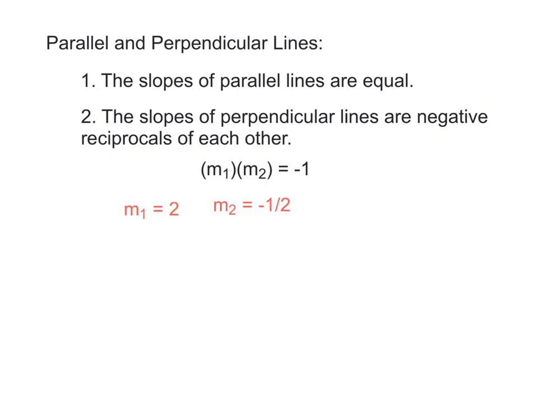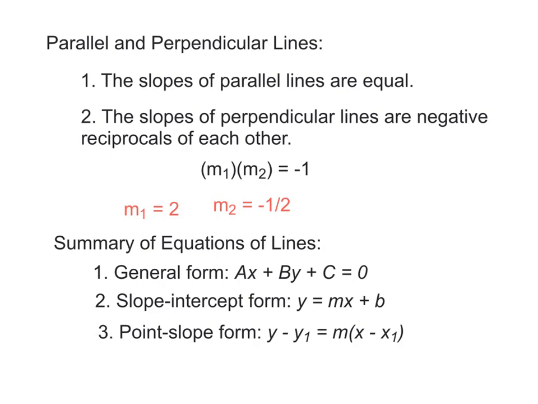Or to use numerical values, if the slope m1 were 2, in order for the lines to be perpendicular, the slope m2 would have to be minus 1/2, hence the negative reciprocal. So you take the reciprocal of m1 and then you make it a negative. So if m1 is 2, m2 is minus 1/2, then the two lines are perpendicular.